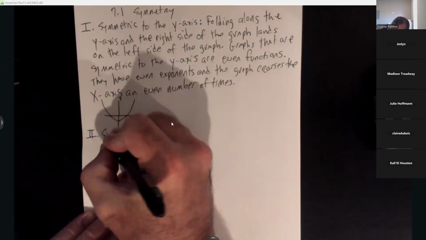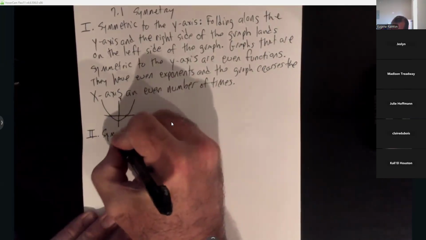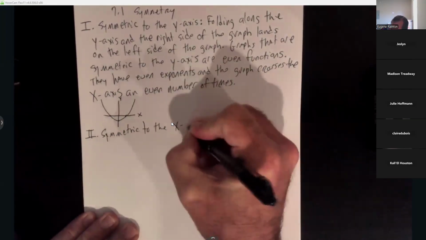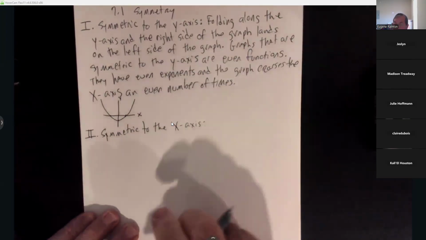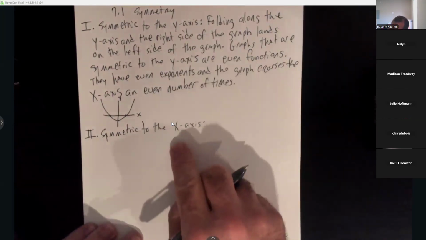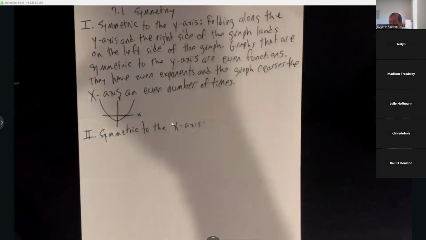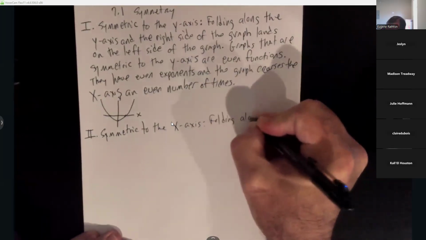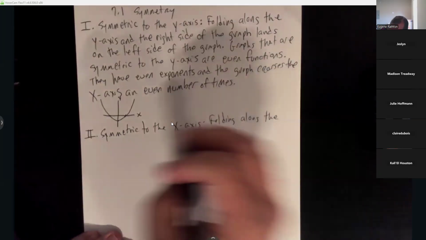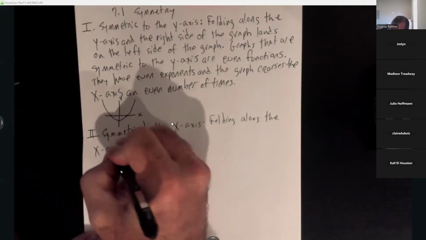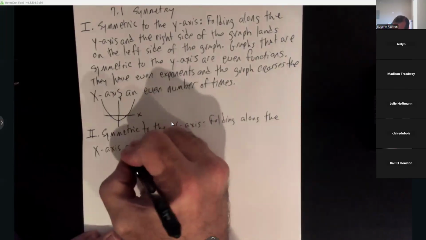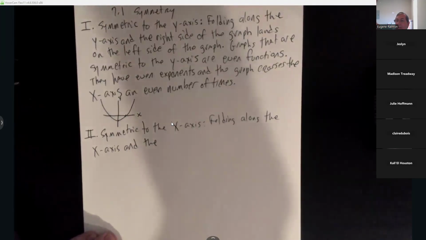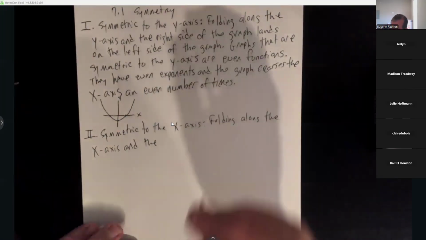We got symmetric to the x-axis. So the same thing, except now we're going to fold it along the x-axis. So folding along the x-axis, the top side of the graph lands on the bottom side of the graph.